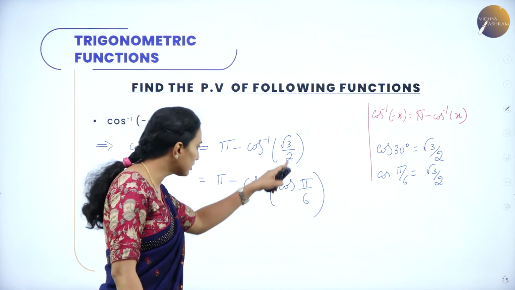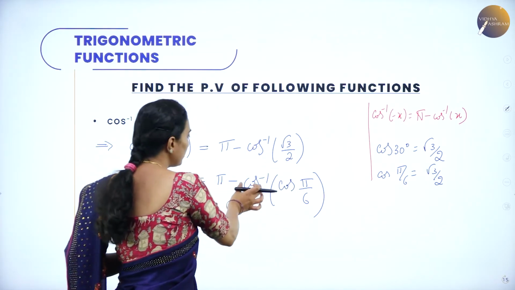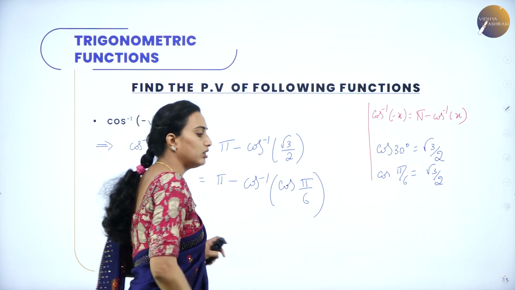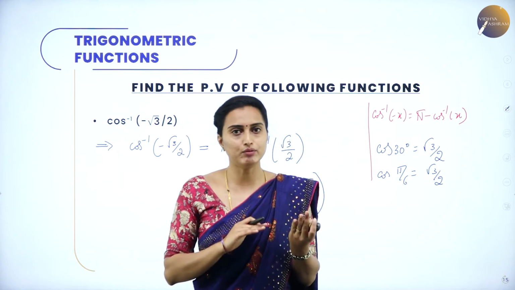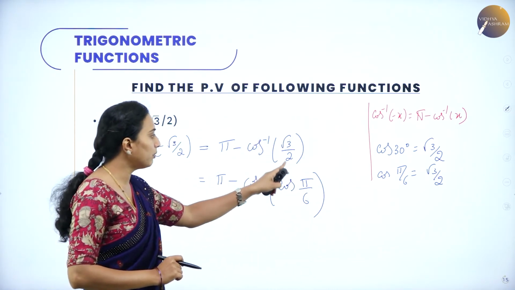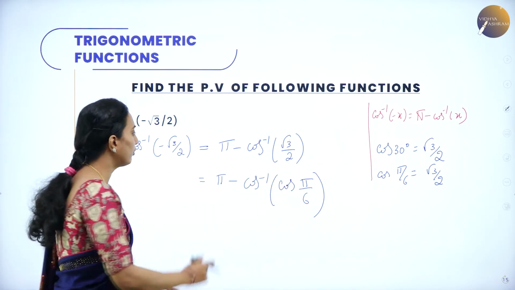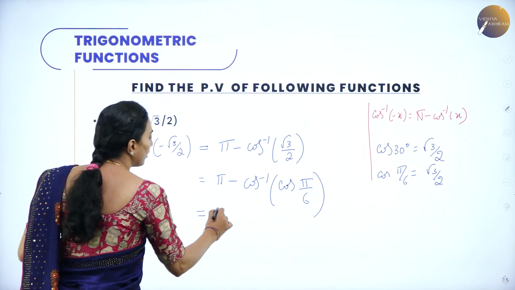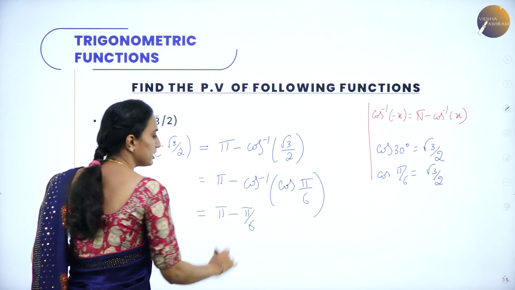Because cos inverse cos will get cancelled and you will remain with theta. If cos inverse is outside, inside also it is in terms of cos only. If it is sin inverse, sin. Tan inverse, tan. So here I am going to replace root 3 by 2 with cos 30 degrees, which is cos pi by 6. Therefore cos inverse cos will get cancelled. You are going to remain with pi minus pi by 6.